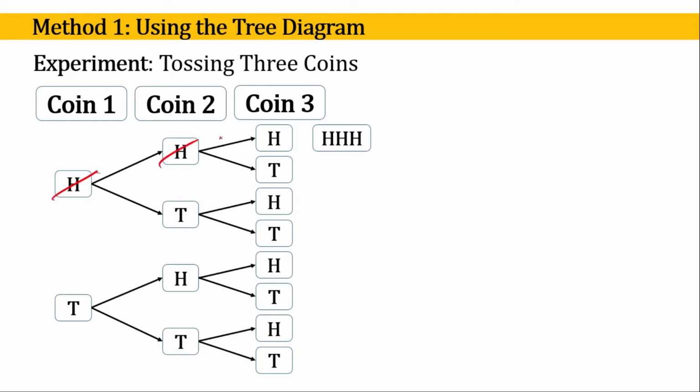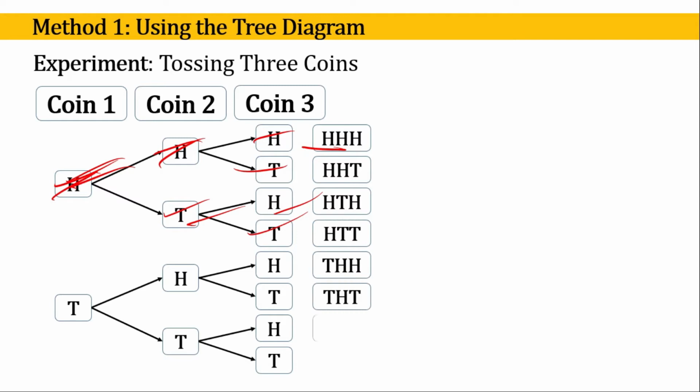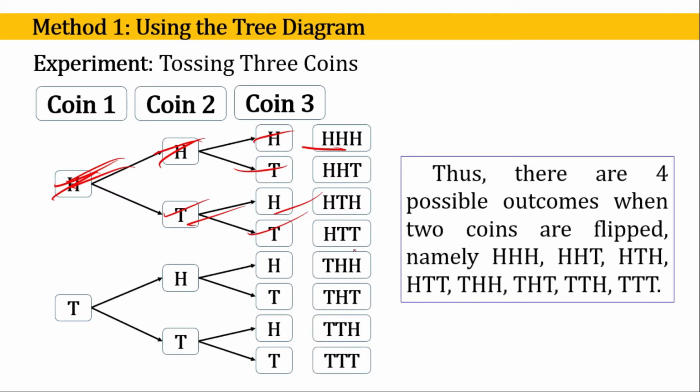We have head head head, head head tail, and so on. All in all, there are 8 possible outcomes when 3 coins are flipped, namely HHH, HHT, HTH, HTT, THH, THT, TTH, TTT.